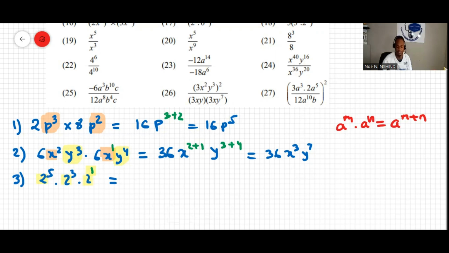We can apply this law: a to the power of m multiplied by a to the power of n. So you can just write 1, 2, and then we do 5 plus 3 plus 1, and then this is equal to 2 to the power of 9.